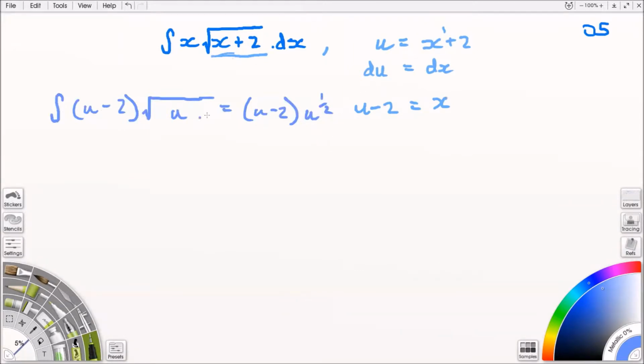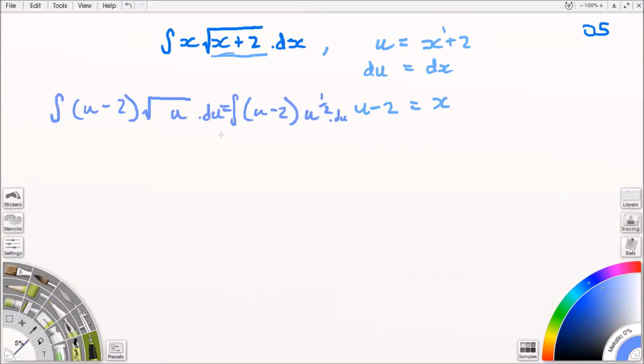Oh, I've got the du. See, this is why it's called u-substitution, we're substituting in u for x. So we get a new term. This would be quite difficult to integrate without u-substitution. So we pretty much manipulate this so we get a better function. We haven't integrated this yet.